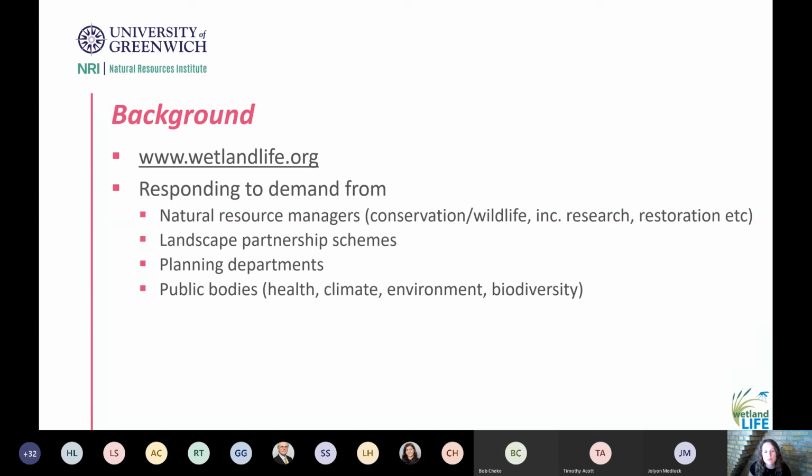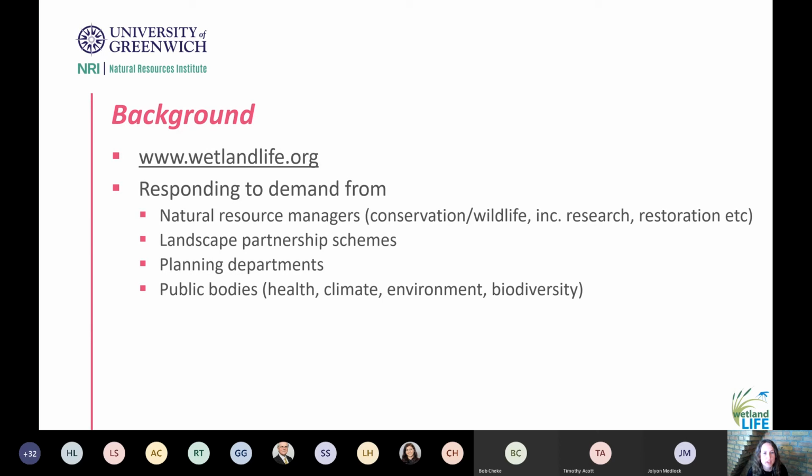So we're developing this handbook to bring together information that perhaps wasn't immediately accessible. As Jolyon said, not everyone's got time to go through the published literature or look in detail at these quite complex keys for British mosquitoes. And there's a real demand.